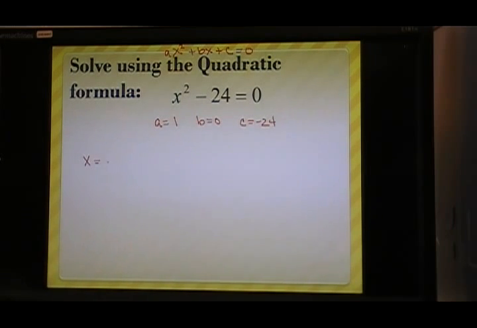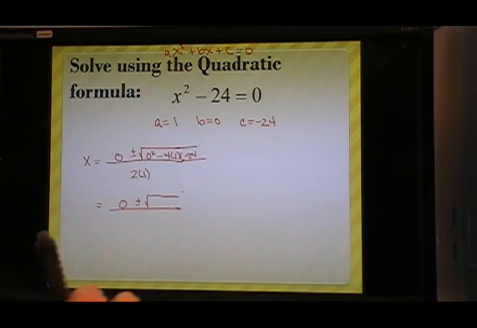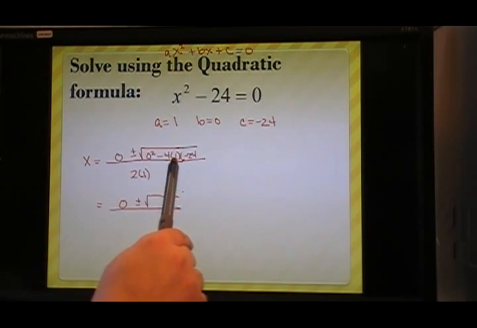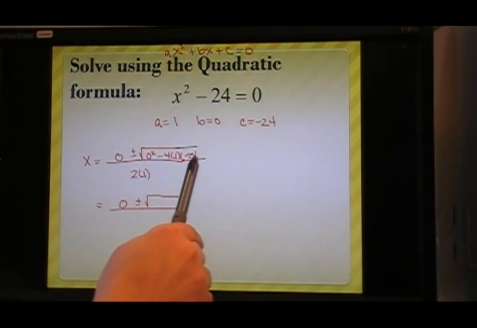So x is opposite of B, opposite of 0 is just 0, plus or minus the square root of 0 squared minus 4 times A times C, I always leave that short, all over 2 times A. So we have 0 plus or minus the square root of, so 0 squared is 0, 4 times 1, 4, 4 times negative 24 is negative 96.